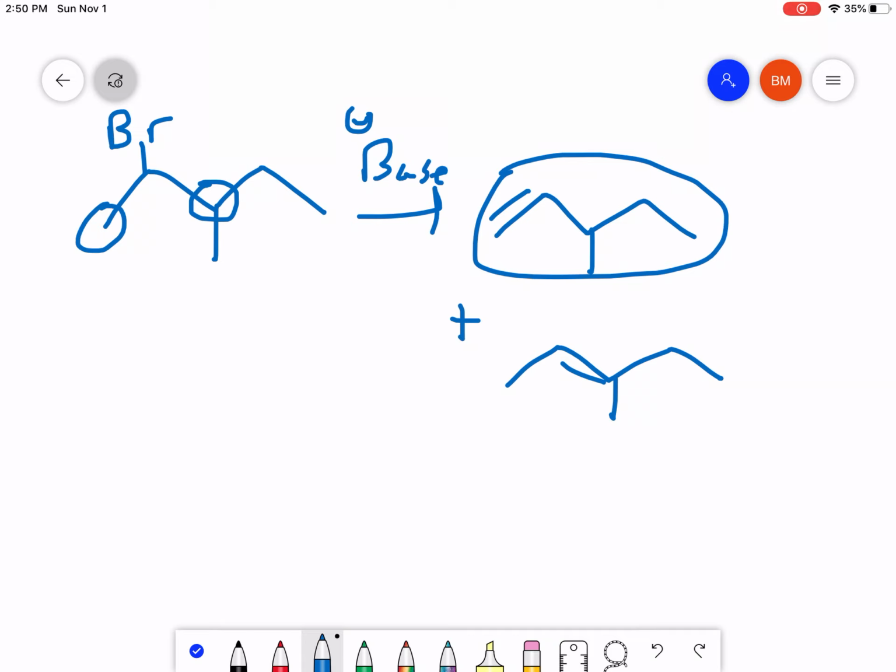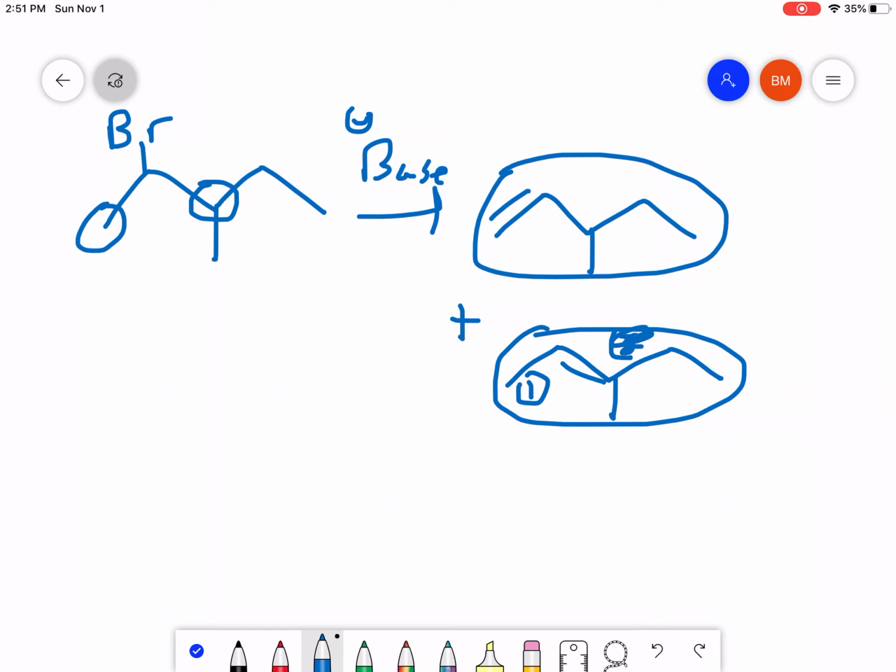All right? Now, if you look at this one right over here, you'll see this is a tri-substituted alkene, and you can classify this one as being E or Z. Which one would it be? Well, highest priority group on the left carbon is methyl. Highest priority group on the right carbon is ethyl.